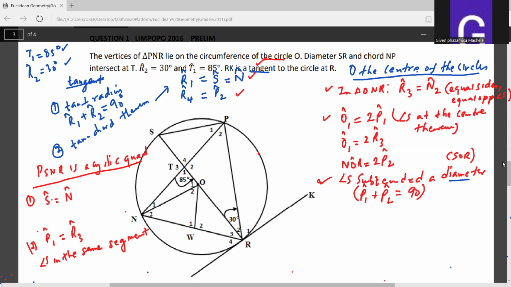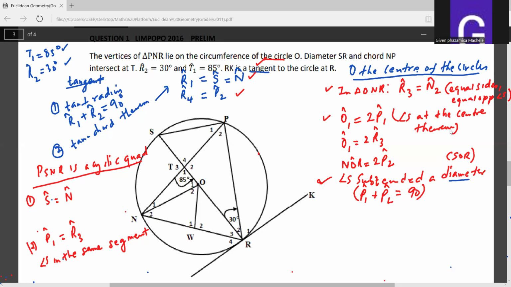Or another way, we can do this. Angle S is in triangle SPR. So if we take angle S plus the whole of P plus angle R2, this must also add up to 180 degrees, the sum of angles in a triangle. So we can still get angle S. There are many ways to skin a cat.